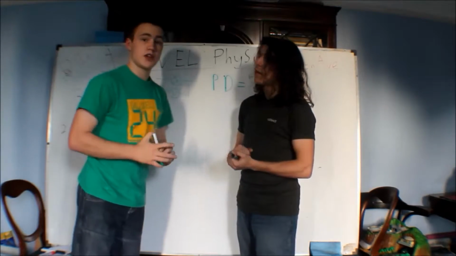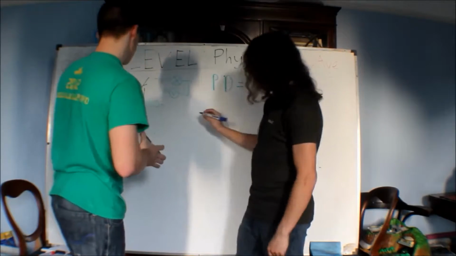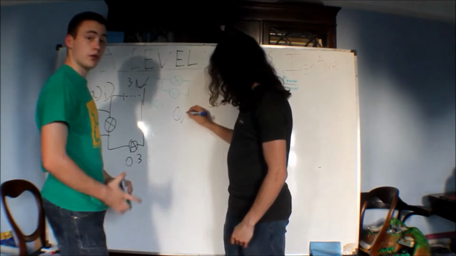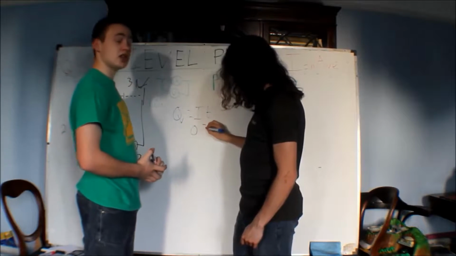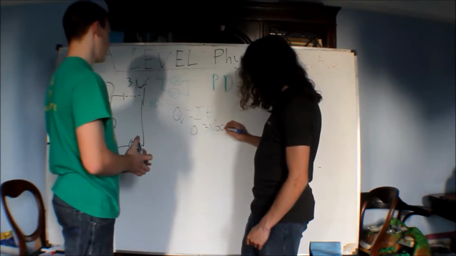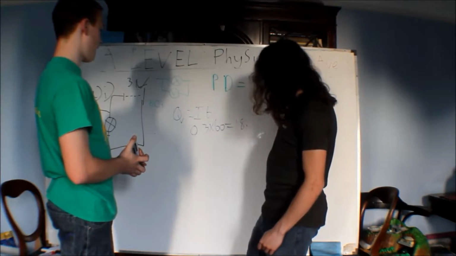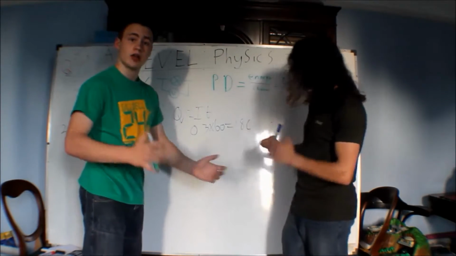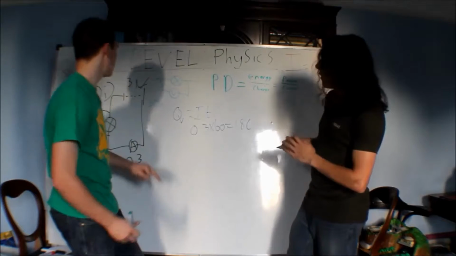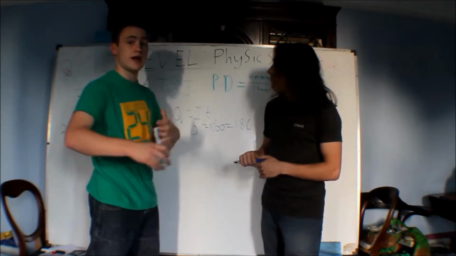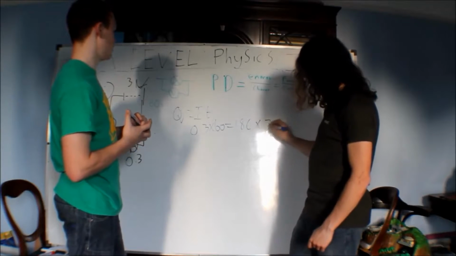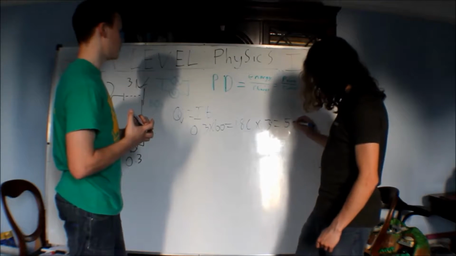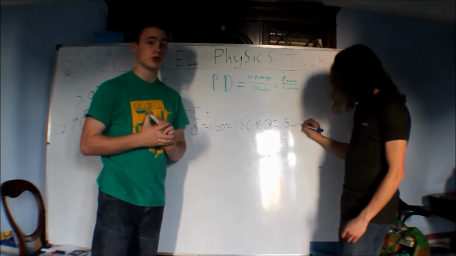First we need to work out charge, which is current times time. Current is 0.3 amps, time is 60, so that gives 18 coulombs. Now, like the questions we did a minute ago, for 18 coulombs in a 3 volt battery you do 18 times 3, which is 54. That gives you 54 joules.